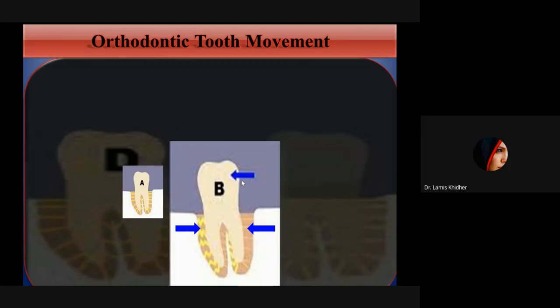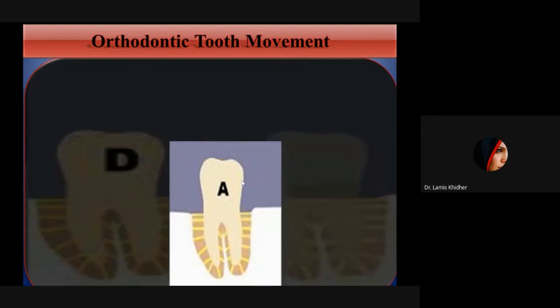This response, if you can see this picture, or if we return back to this picture, you can see here the periodontal ligament fibers. This is the left side of the tooth. It is normal in its size, normal in its position.